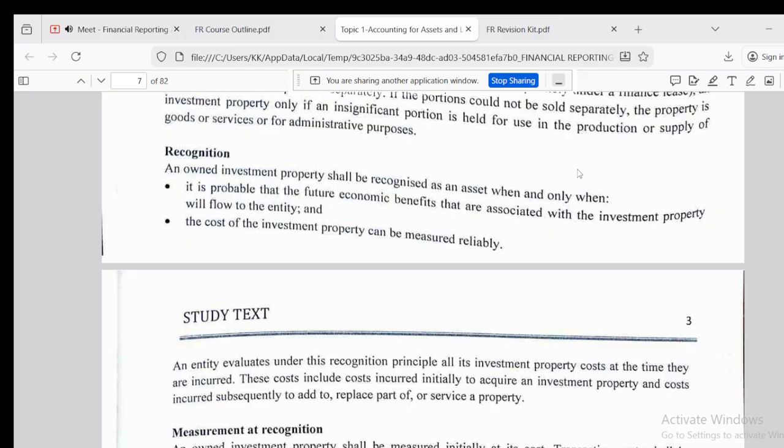The cost can be measured without doubt, or reliably. Okay, I have captured those.